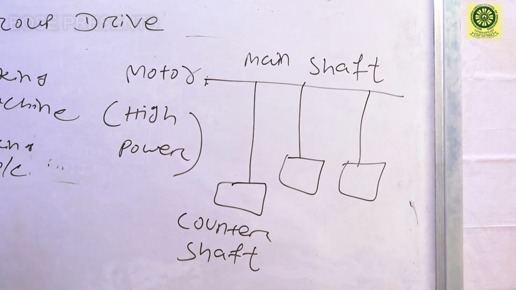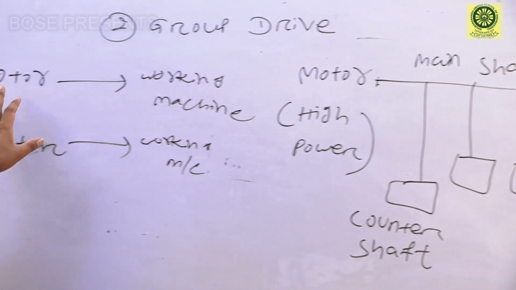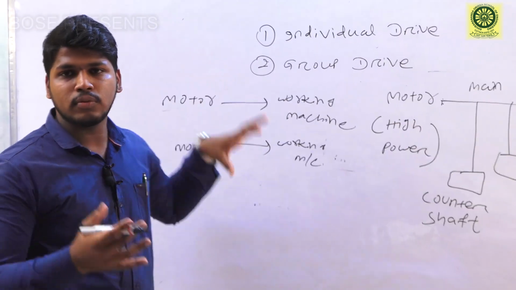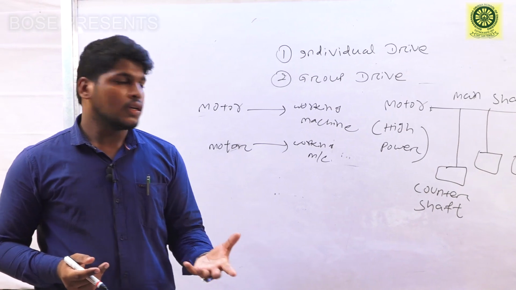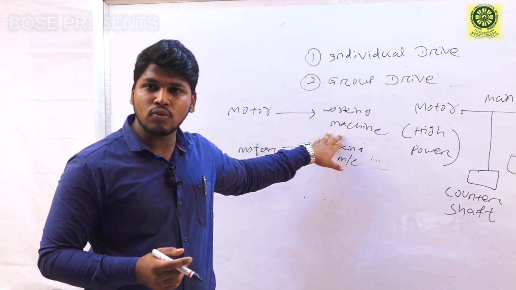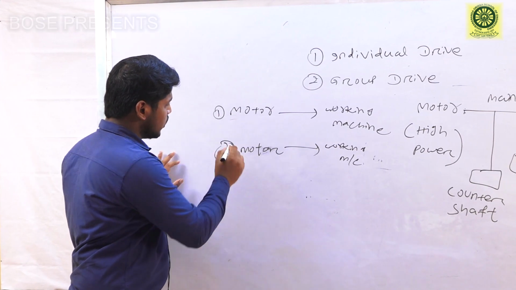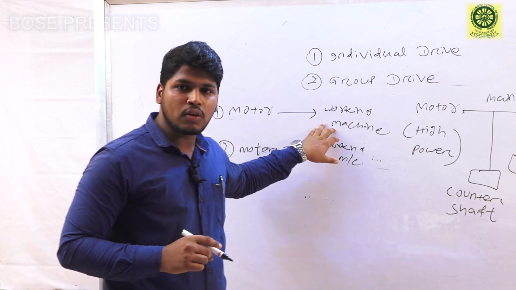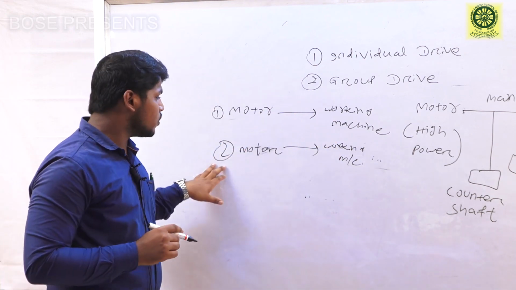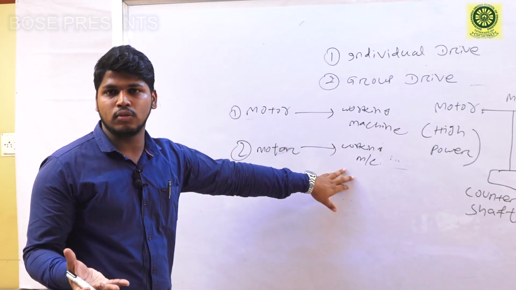So in case of individual drive, the main advantage is that if one motor is not working or has failed, then only that particular work will be stopped. Suppose motor 1, motor 2: if this motor is not working, then this particular work will stop, and if the other motor is not working, then that work will stop.